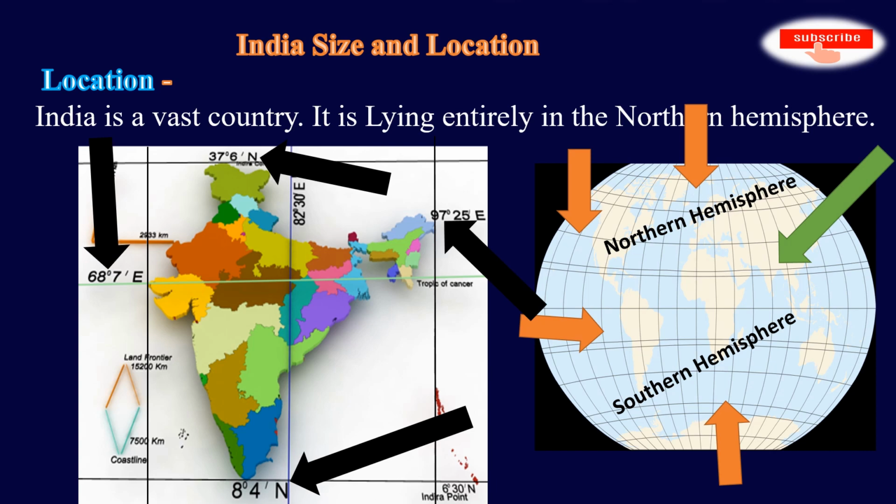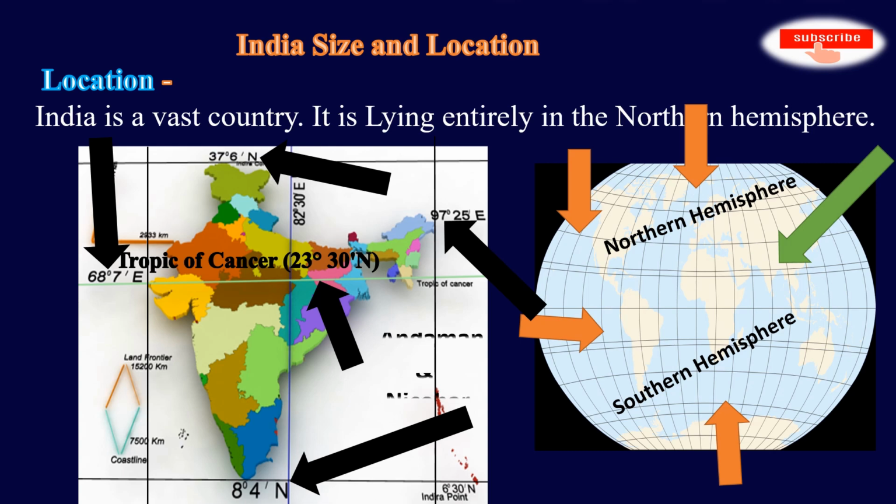And the latitude which divides India into almost 2 equal parts is Tropic of Cancer. The latitude Tropic of Cancer, 23 degrees 30 minutes north, is the latitude which divides India into almost 2 equal parts.